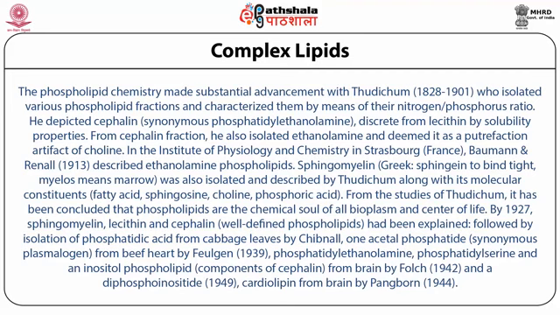Similarly, in the Institute of Physiology and Chemistry in Strasbourg, France, Baumann and Renault in 1913 described ethanolamine phospholipids. Sphingomyelin, which in Greek means tight binding with the marrow, was also isolated and described by Thudichum along with its molecular constituents.